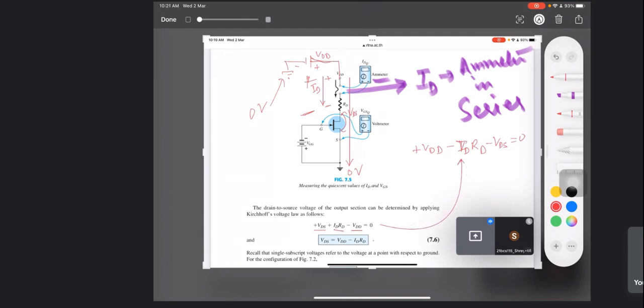So VDS is equal to VDD minus IDRD. It is the same as, if you remember, VC is equal to VCC minus IC RC.